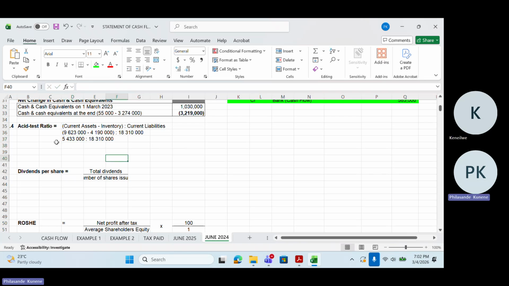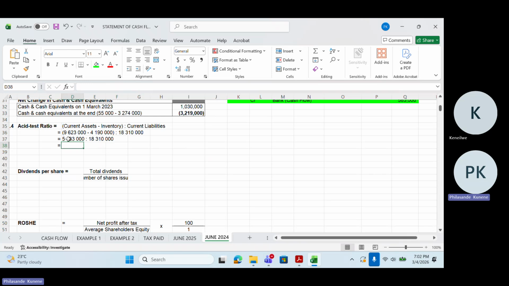Okay, then what do I do after this one? Divide 5,433,000 by 18 million. Yes, we divide by 18,310,000 on both sides.